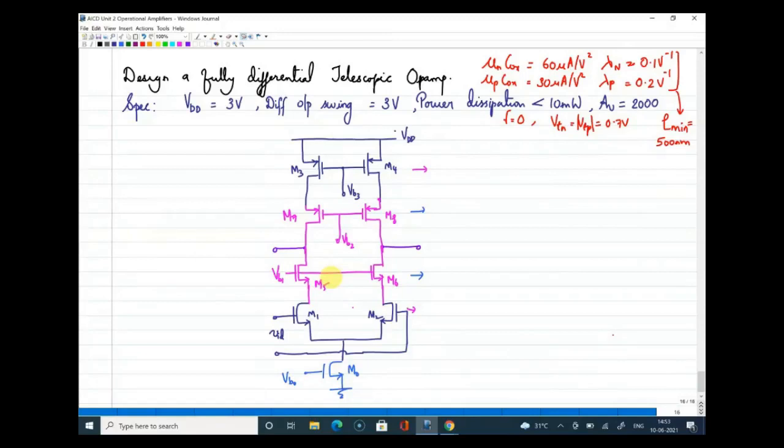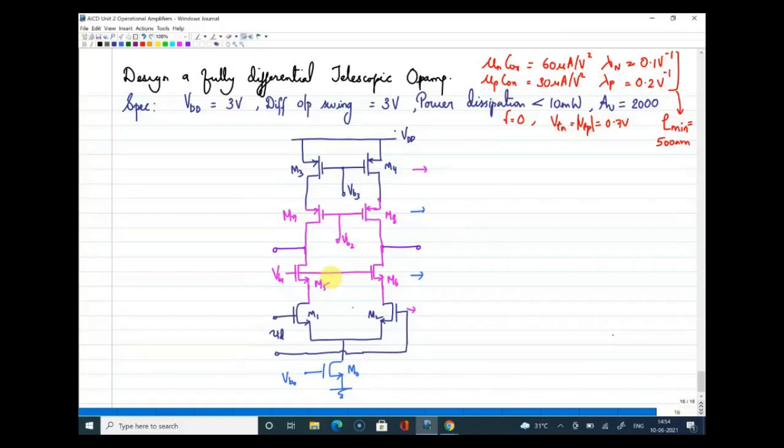Aspect ratio is nothing but W by L. But apart from that, the general idea when you design a circuit, say for example, in this case a telescopic op-amp, is that we'll be designing the value of W by L. With that, we'll have the gm value, we'll have the ro value, and then we'll calculate the gain of the circuit. So all those things will be discussed in this particular design.